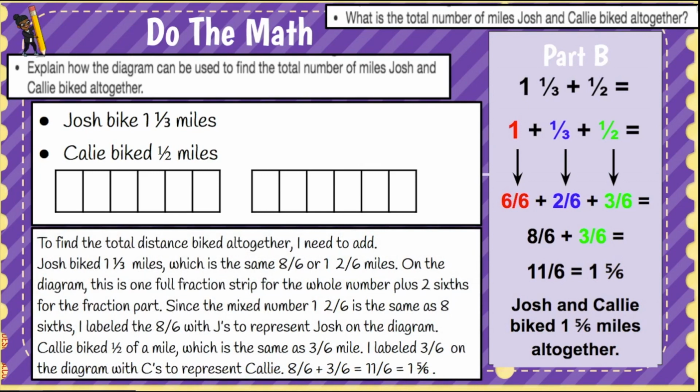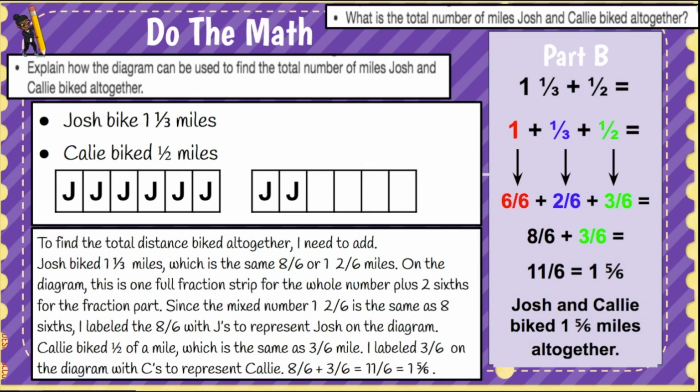Josh biked 1 1/3 miles, which is the same as 8/6, or 1 2/6 miles. On the diagram, this is 1 full fraction strip for the whole number, plus 2/6 for the fraction part. Since the mixed number, 1 2/6, is the same as 8/6, I labeled 8/6 with J's to represent Josh on the diagram.